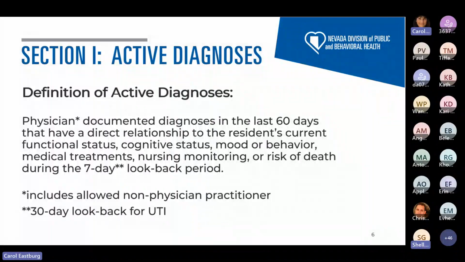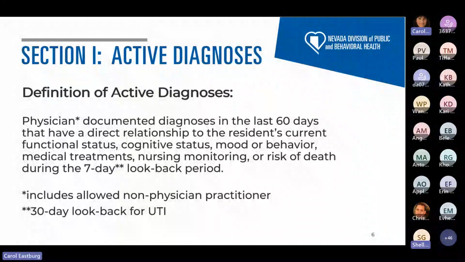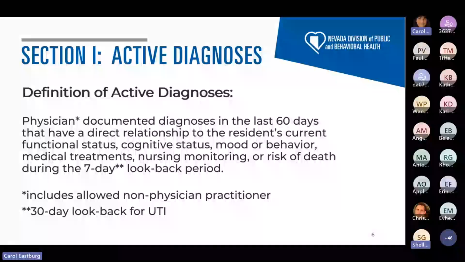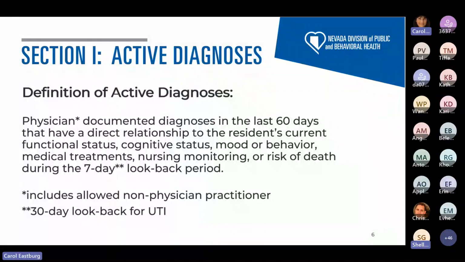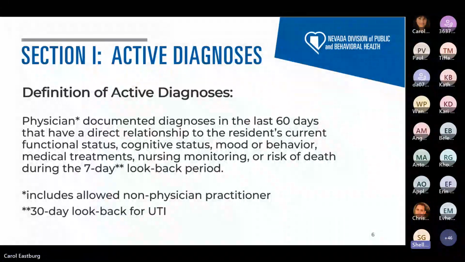So they define active diagnoses as physician documented diagnoses in the last 60 days that have a direct relationship to the resident's current functional status, cognitive status, mood or behavior, medical treatments, nursing monitoring, or risk of death during the 7-day look-back period.